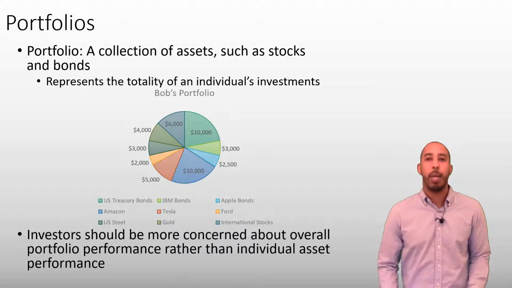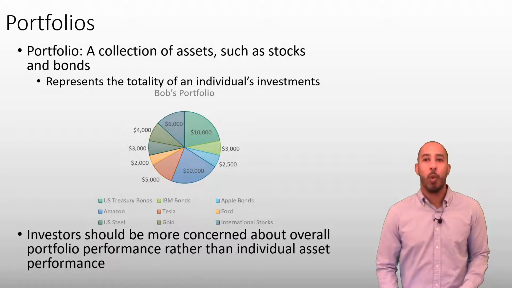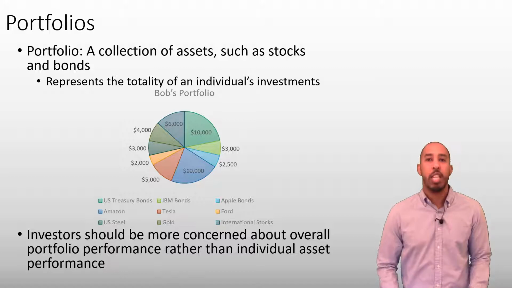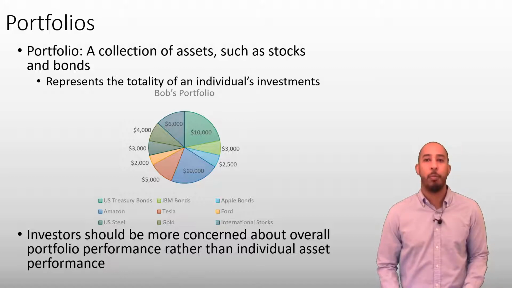So, if Bob is making an investment decision, let's say he's considering buying Facebook stock, he should be concerned not about the risk and return of Facebook itself. He should be most concerned about the effect of Facebook's risk and return on his total wealth. That is, the effect of Facebook on his portfolio. So we're going to spend our time here discussing the risk and return measures from part one in the context of portfolios.